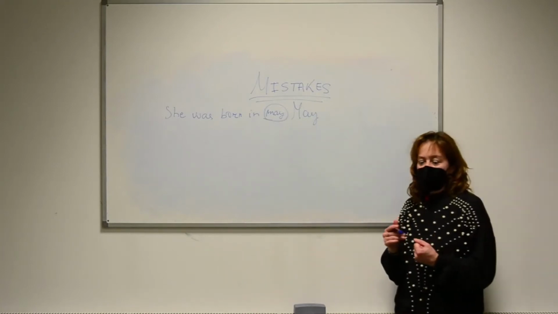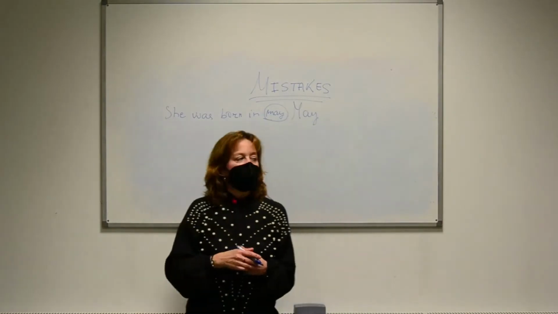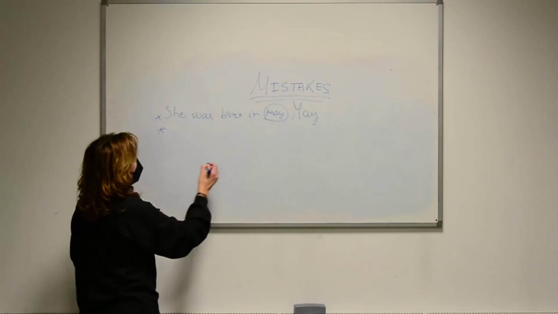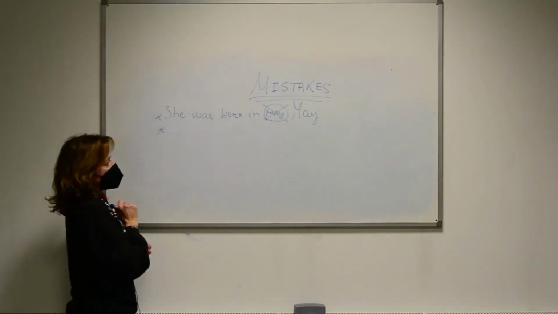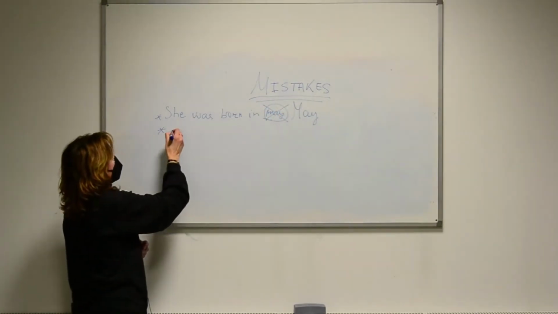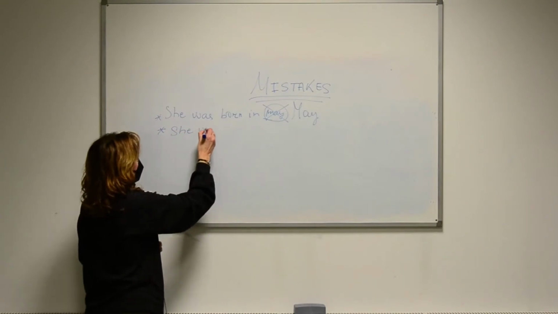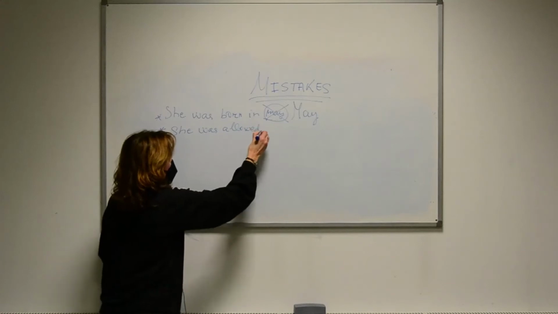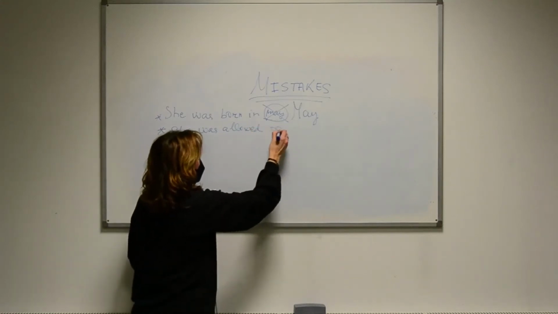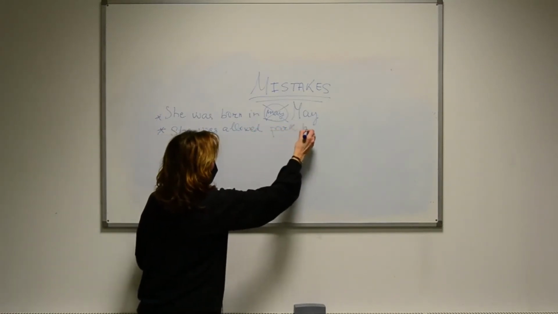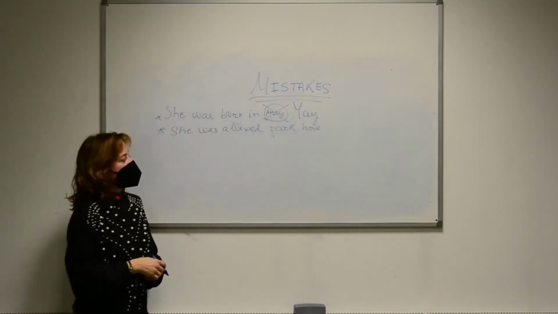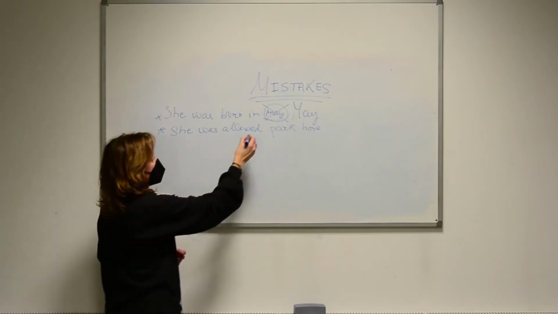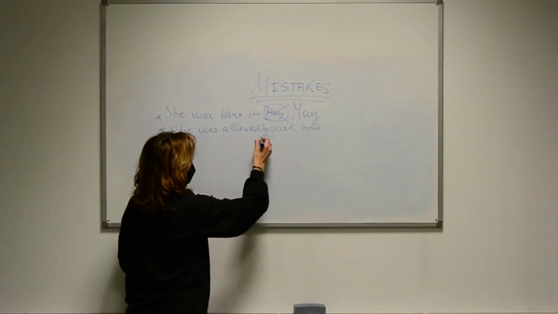It's a common mistake. Another one should be, for example, incorrect: She was allowed park here. This sentence is not correct because in English we need this preposition here.